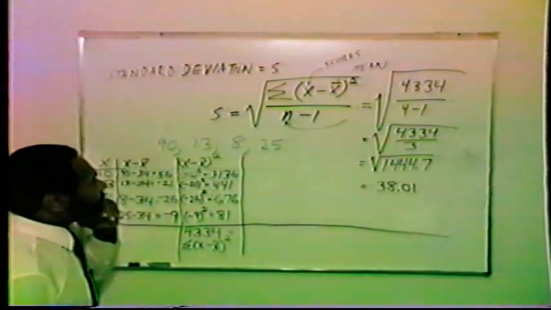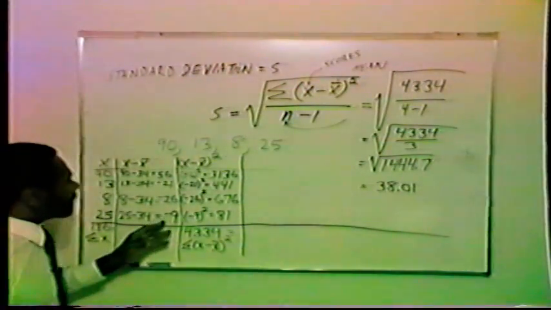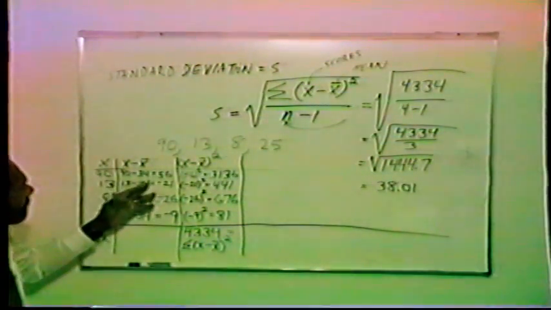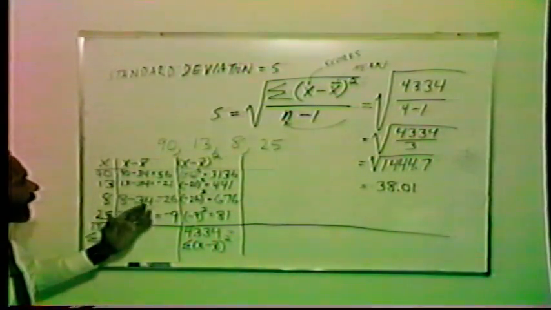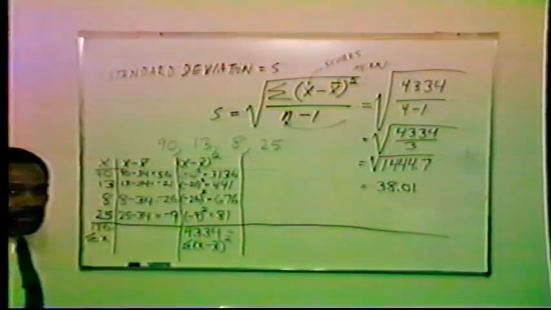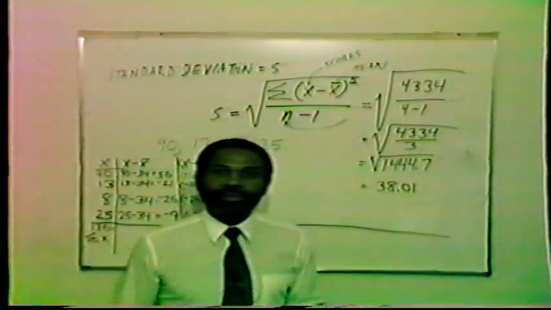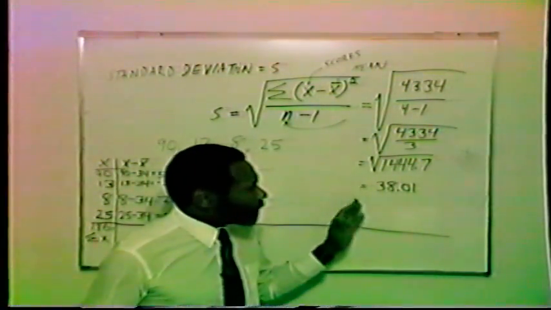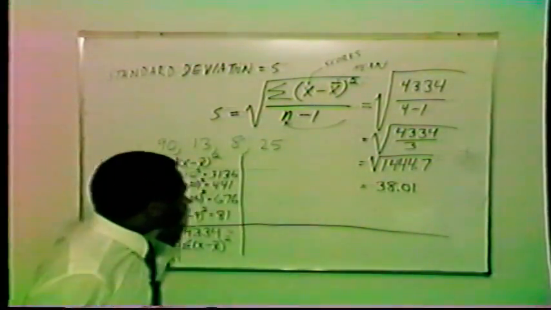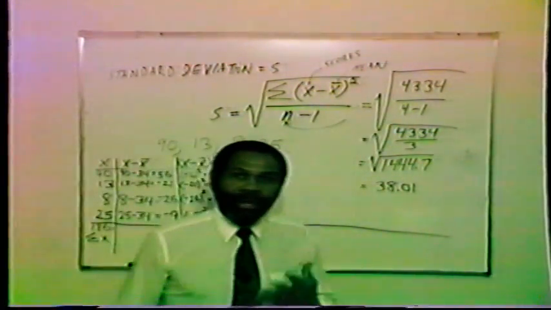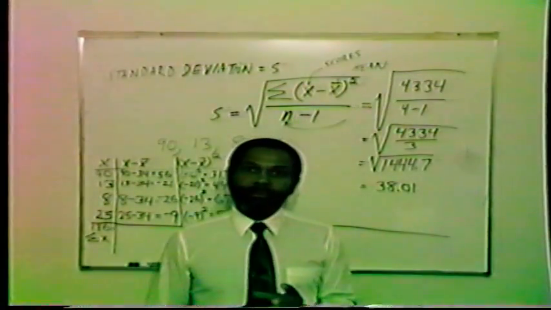So that means that the average amount of deviation between the mean and the scores is 38.01. That is the standard deviation. That is one standard deviation for the data set that we have here. And you have to keep in mind what that means.